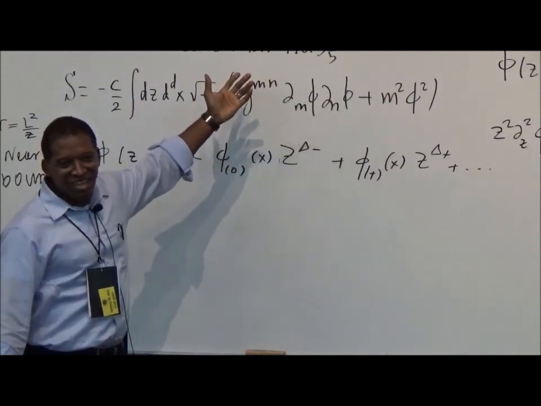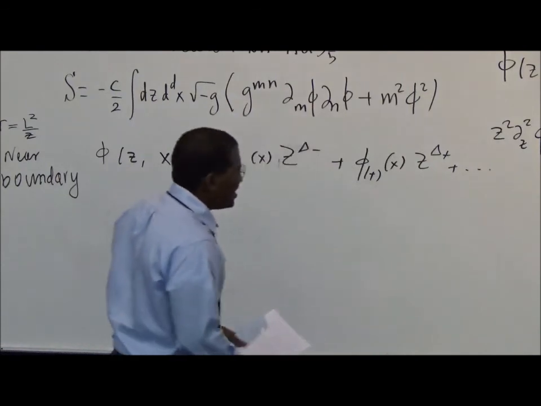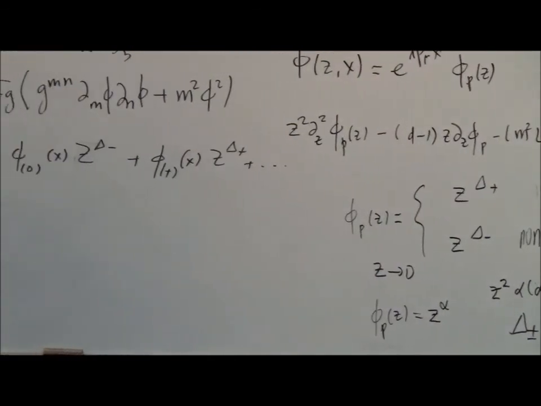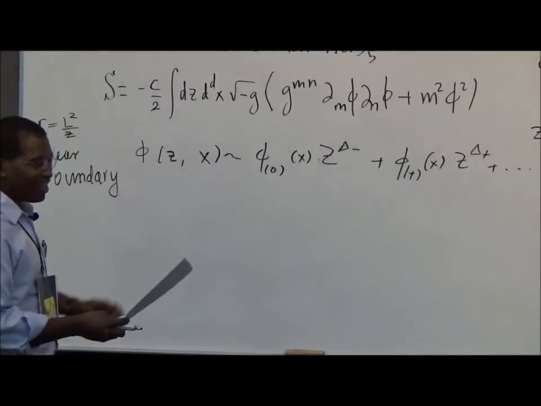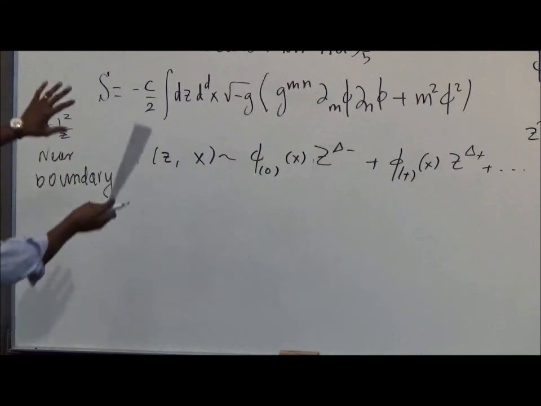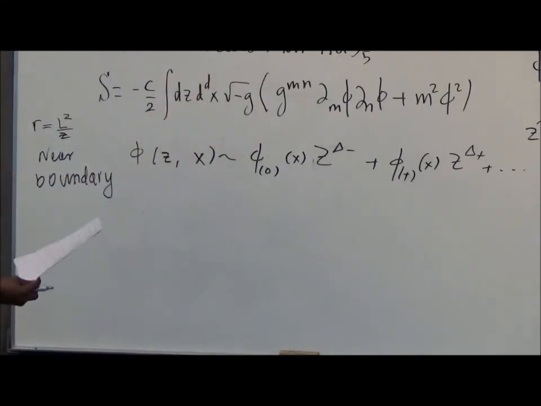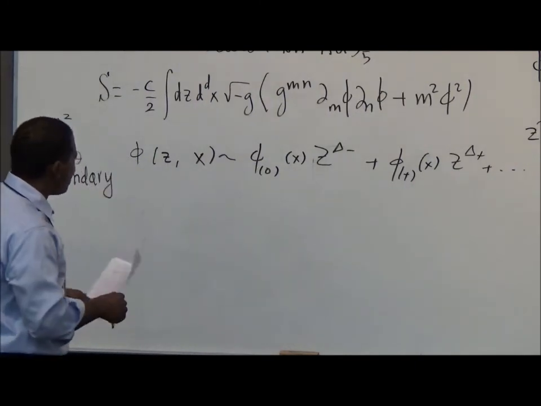It's not complicated; it's just one integration to find out whether, when z goes to 0, this is finite or infinite. That's it.